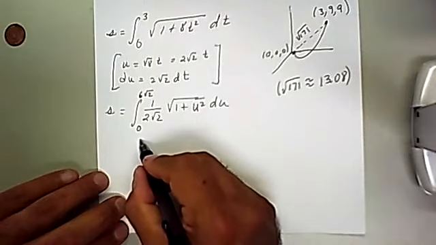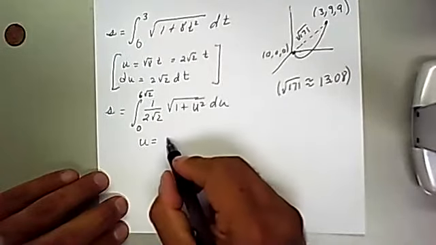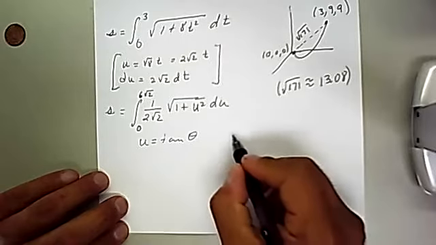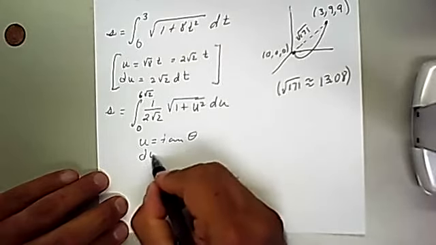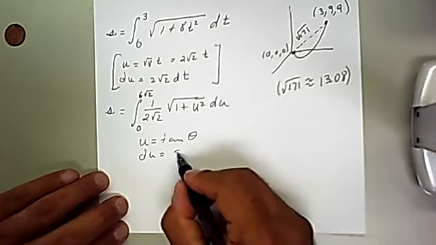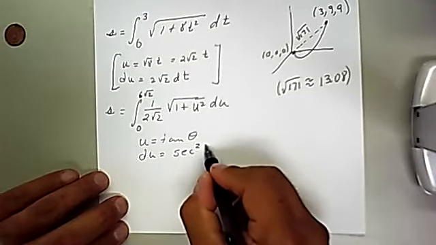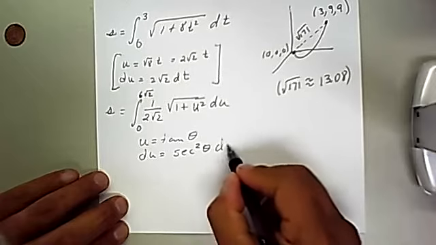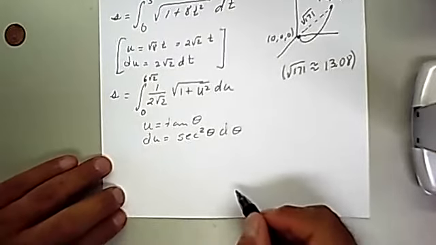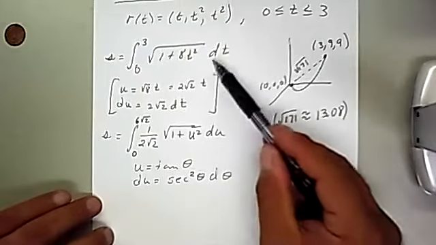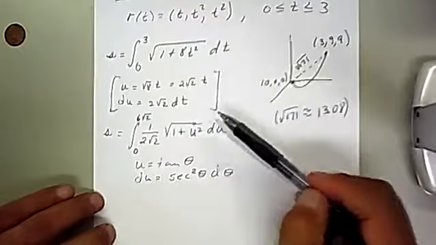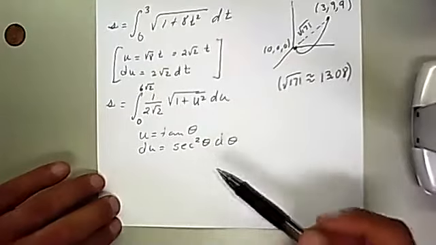We're going to set u to be the tangent of theta, and consequently du will be secant squared theta d theta, since that is the derivative of tangent. So we can apply the substitution. We're going through two substitutions. First, we substitute to get 1 plus u squared, and then we substitute again.